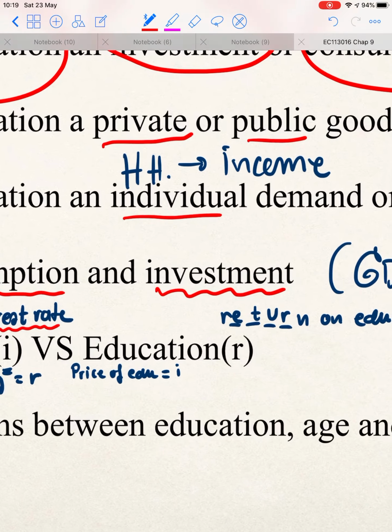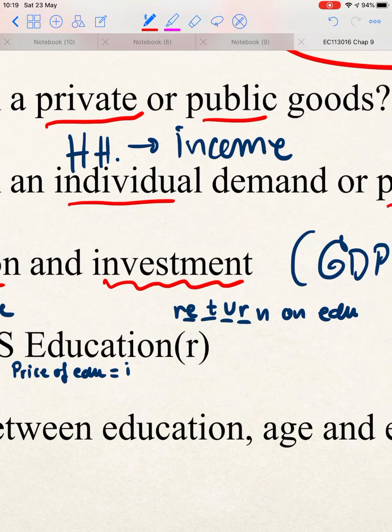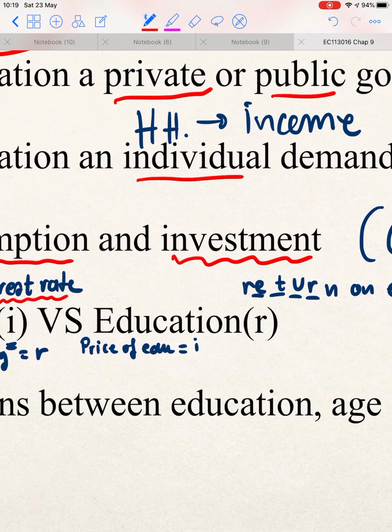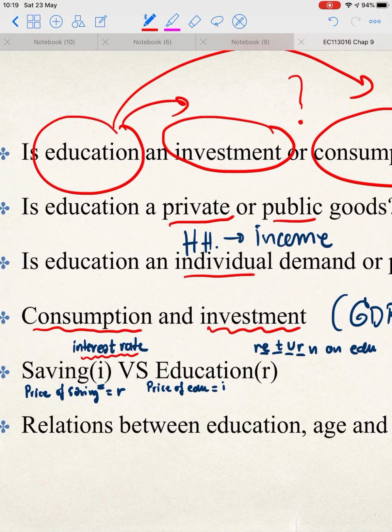And return on education, we call return on education, or R. I stands for interest rate. R stands for return on education.